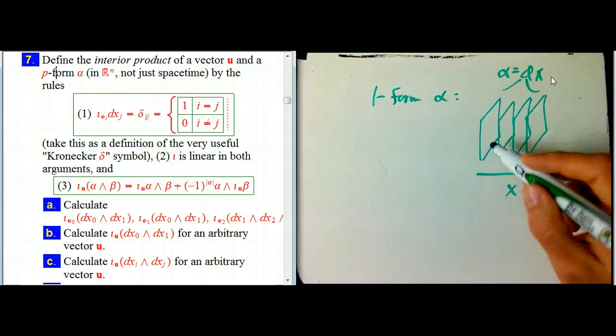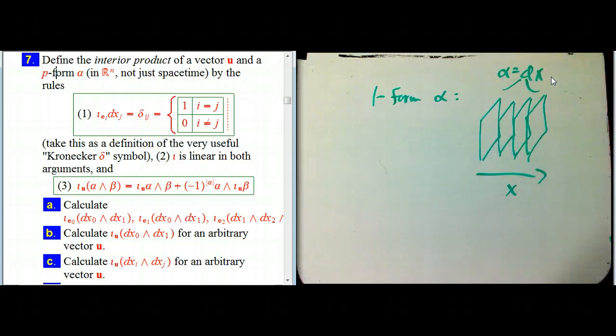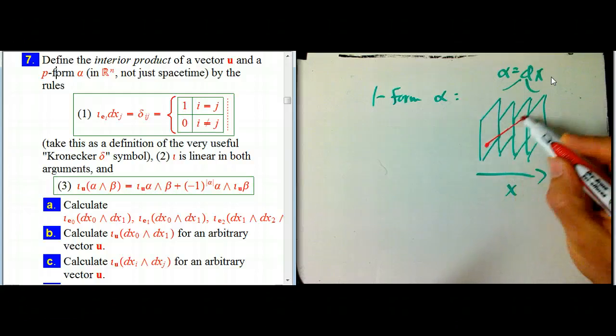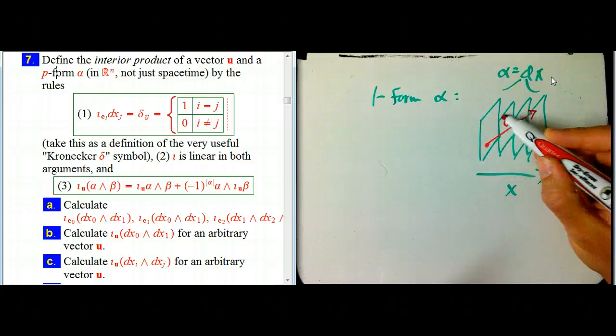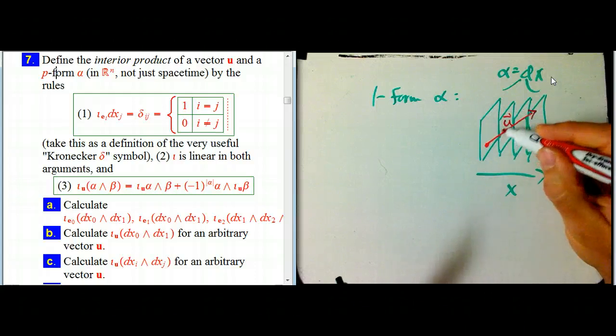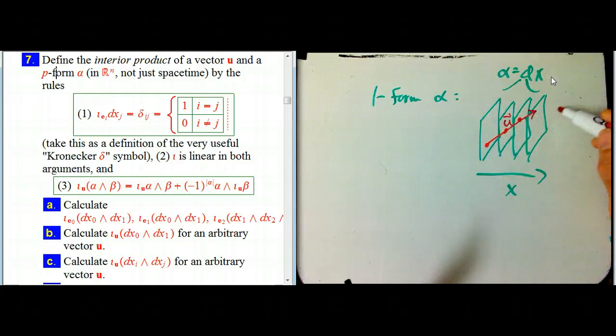Its job, or one of the ways you can think of it, is that it eats a vector, let's say u, and gives you a number just by how many sheets it goes through. And so here alpha paired with u would be 3 in this case, since it crosses three different layers.